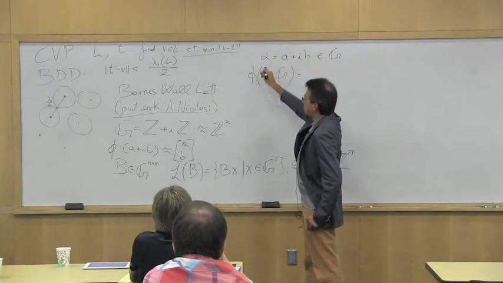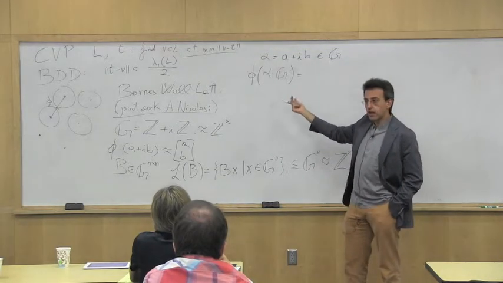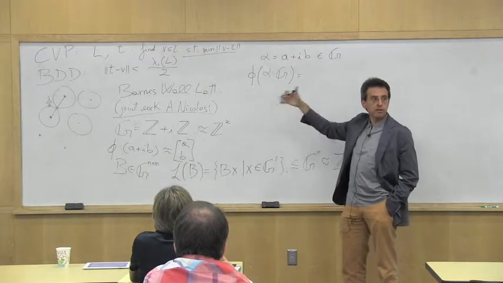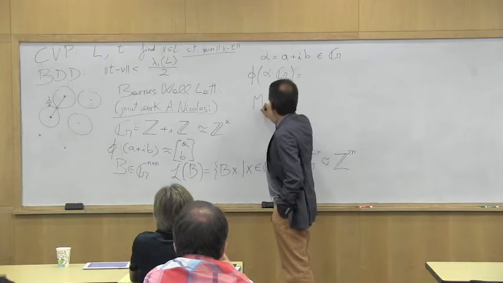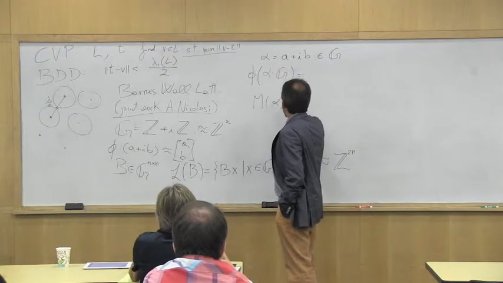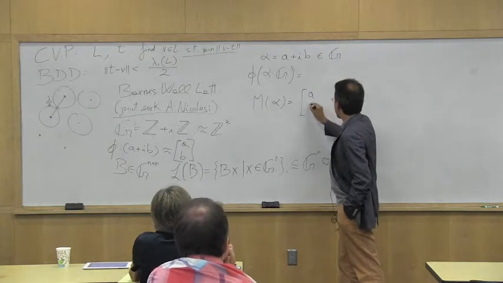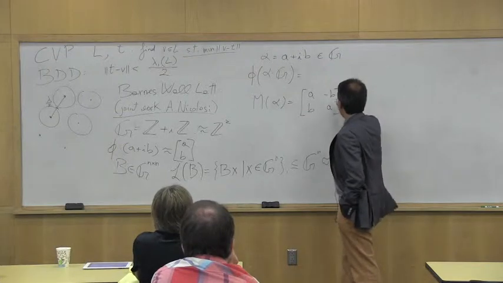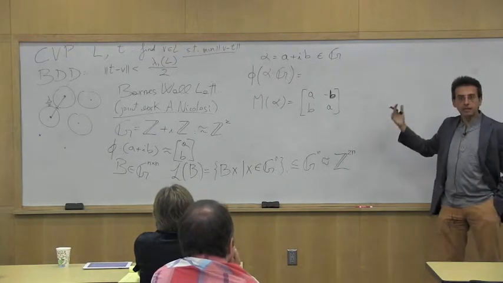So the multiplication of complex numbers can also be expressed as follows: there is a ring isomorphism between the complex numbers and 2 by 2 matrices. You can represent a complex number alpha as the matrix (A, B; -B, A). And you can easily check that matrix multiplication for these matrices is commutative.